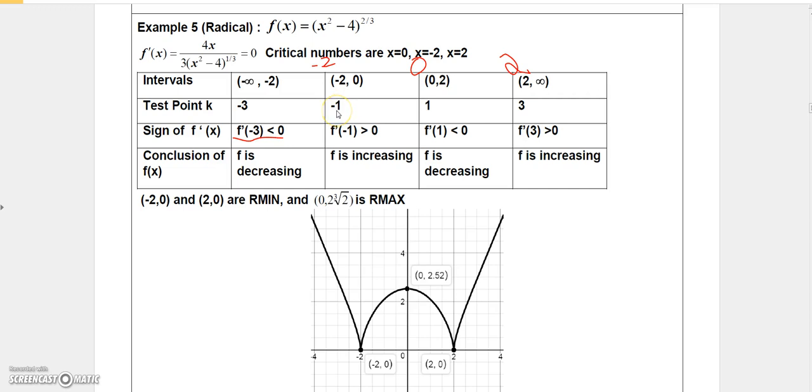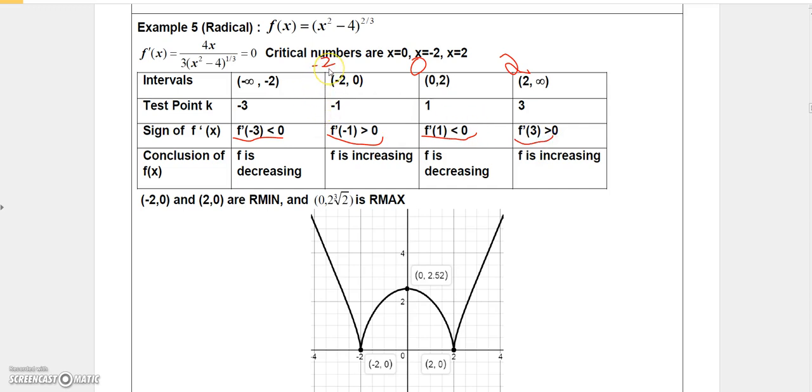When we plug -1 in, a number to the right of -2, we get that the derivative is positive. When we plug a number to the right of 0 in, we get that the derivative is negative. And when we plug a number to the other side of 2 in, like 3, we get that the derivative is positive. So let's take these one at a time.